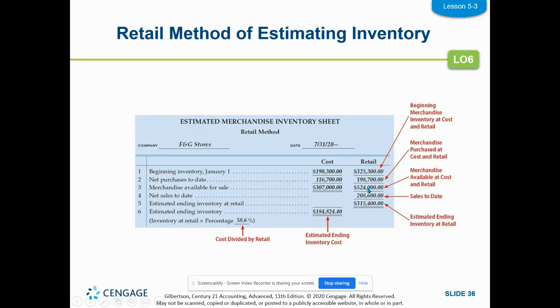We've added, we've subtracted. Now we have our estimated ending inventory, which is taking that inventory at retail right here and multiplying it by our percentage. So that gives us this number.